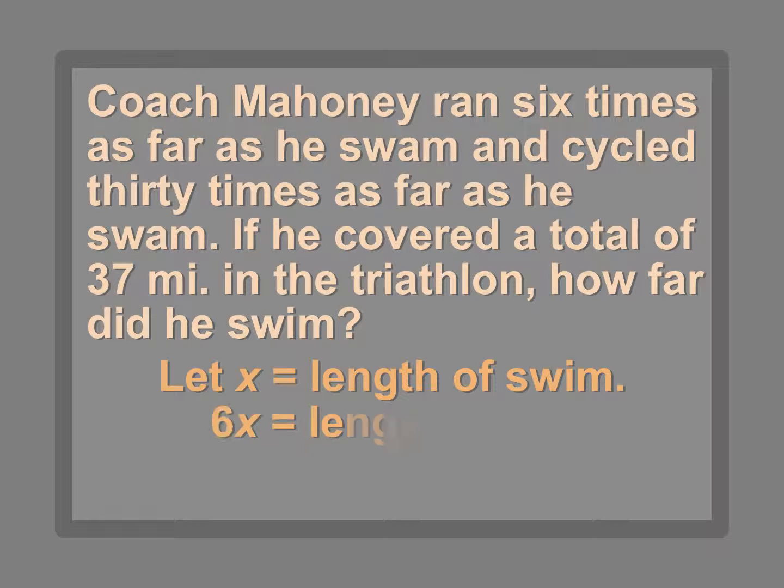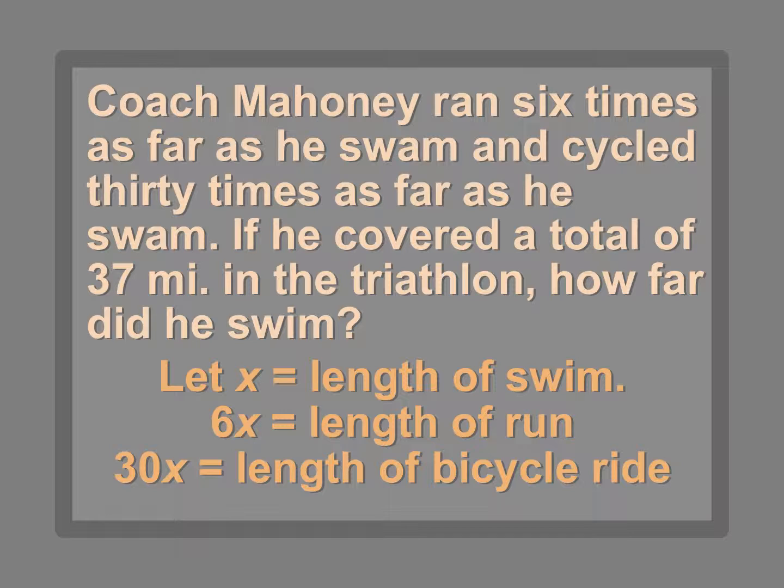Because now we can say that running is 6x because the length of the run was 6 times the length of the swim. And that means we can rewrite the bicycle ride as 30x because the length of the bicycle ride was 30 times as far as he swam.